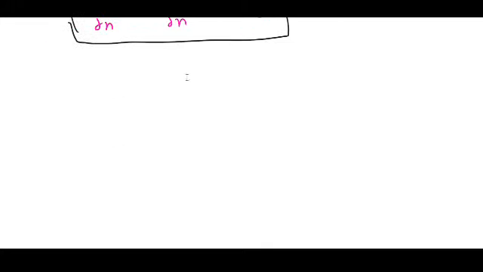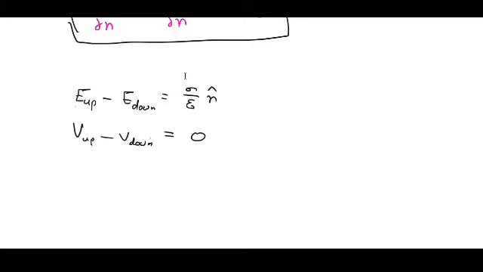If we collect all the boundary conditions of the electric field and electric potential, we can summarize: E up minus E down is equal to sigma divided by epsilon 0 n cap, and V up minus V down is equal to 0. The electric field is discontinuous, whereas the electric potential is continuous. That is the meaning. The gradient of the electric potential is discontinuous: del V up minus del V down is equal to minus sigma divided by epsilon 0 n cap.